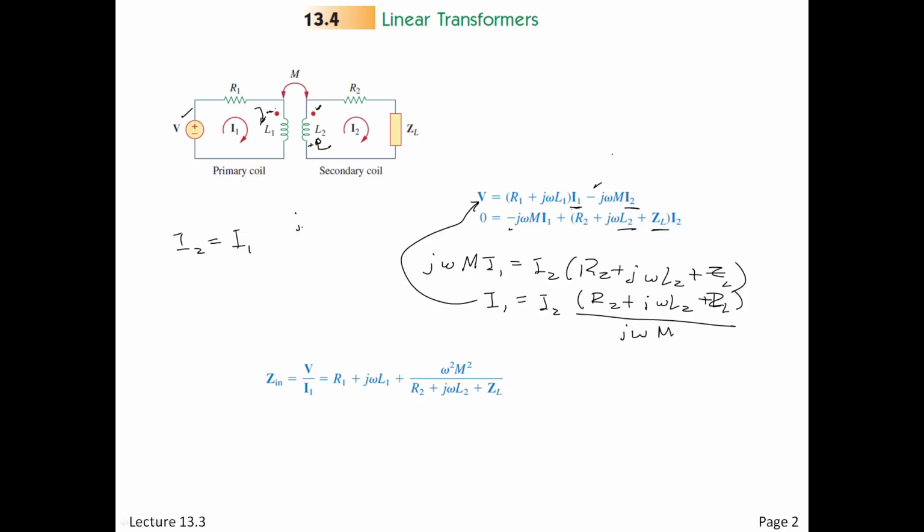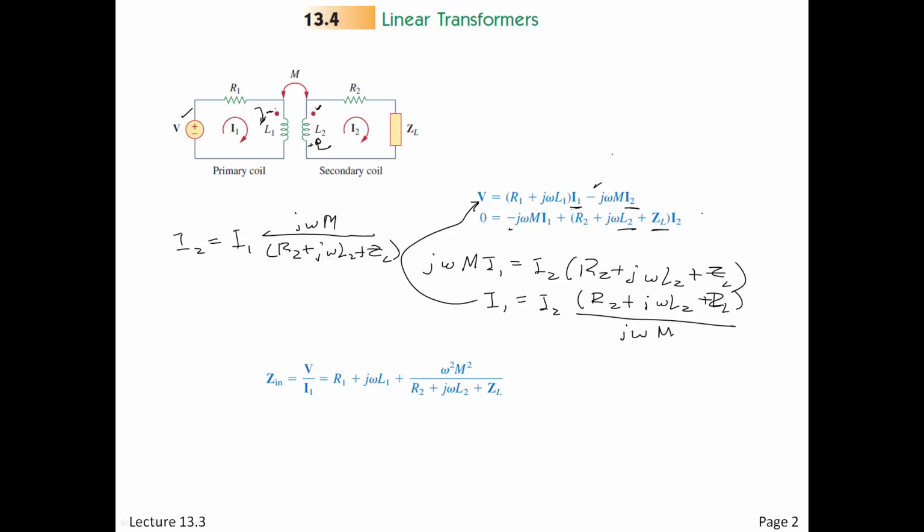It would have been j omega M over this whole thing, R2 plus j omega L2 plus ZL. And then plug that into here. Probably would have been a smoother form, but you can recognize the elements.